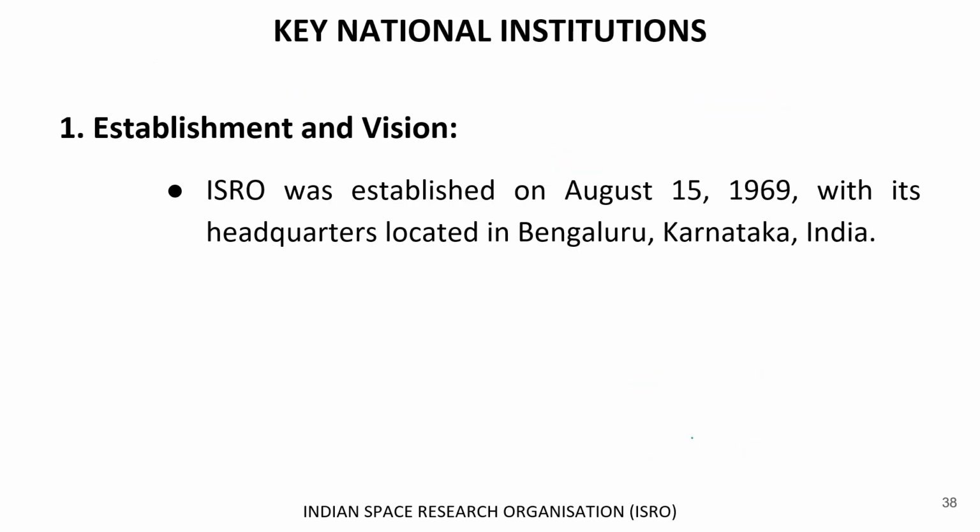Okay. Now let's talk about the establishment and the vision. So ISRO was established on August 15, 1969 with its headquarters located in Bangalore, Karnataka, India. Headquartered at Bangalore. And the person who is known as the father of the Indian space program, and also basically known as the father of ISRO, who is it?